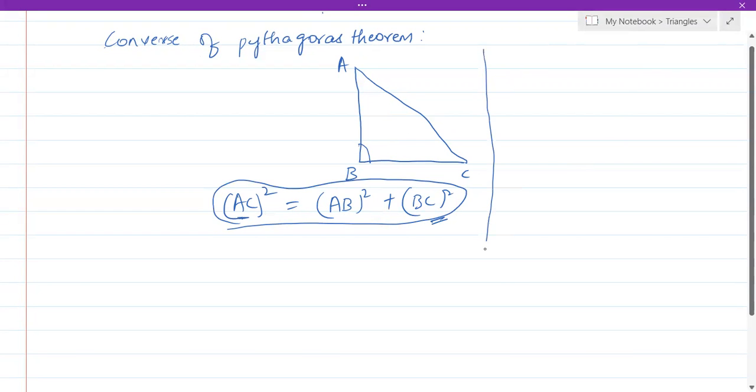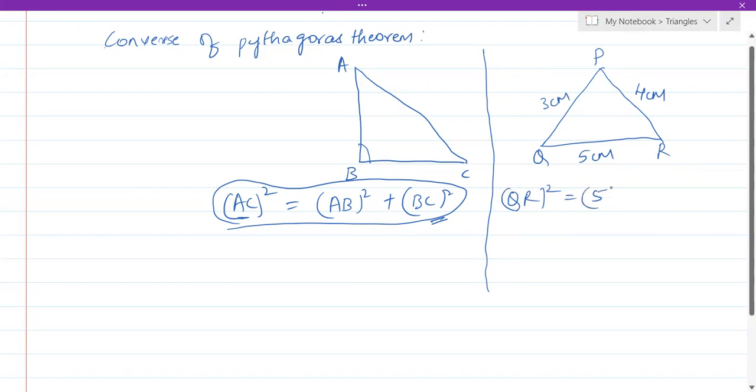For example, let's take a triangle like this. Okay, let's take a triangle PQR, and let's say this is 5 centimeter, and let's say this is 3 centimeter, and let's say this is 4 centimeter. So which is the biggest one here? QR is the biggest one. So let's square it. QR square is 5 square, which is 25.